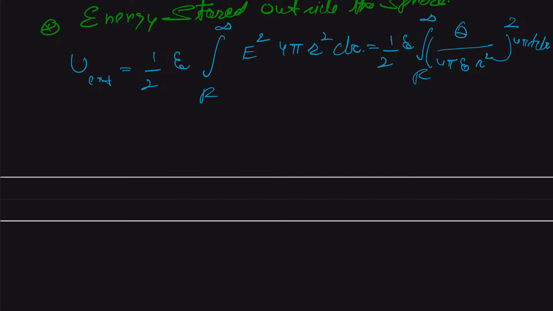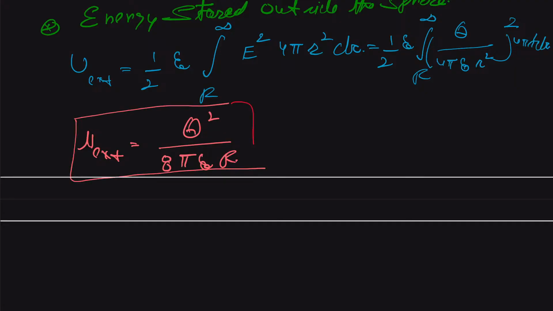The energy at the external of the sphere is Q square upon 8 pi epsilon naught R. This is the energy external to the sphere.